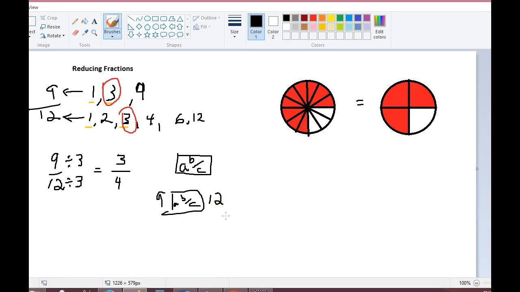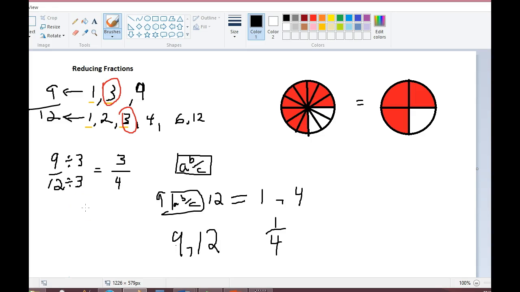Have a look at your screen and notice how your calculator is displaying this fraction, 9 over 12. It might have a little symbol in between, just to show the difference between the numerator and the denominator. Now hit equals, and your fraction will be reduced to 3 over 4, depending on the calculator. So this is how you can reduce fractions with your calculator.